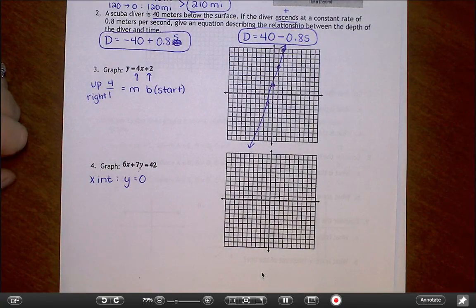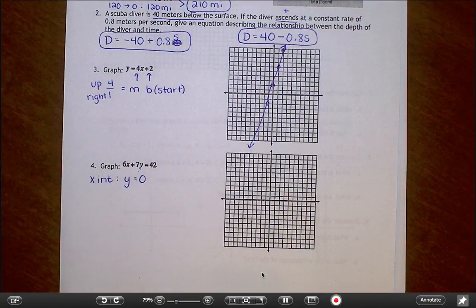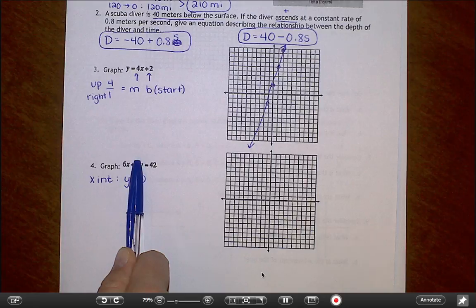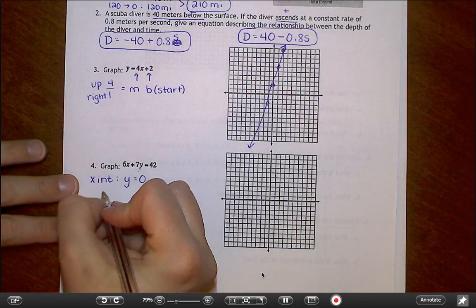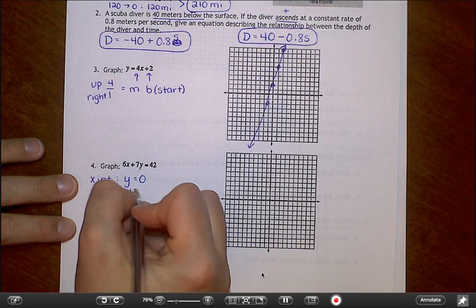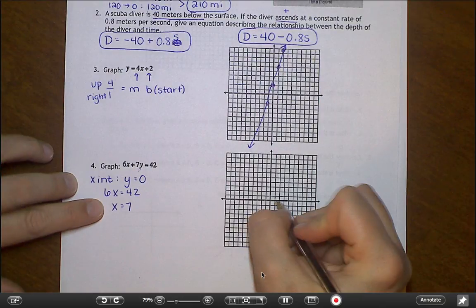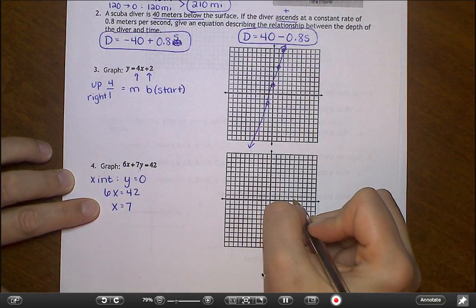So if I want the x-intercept, I can cover up the y value, and I have 6x equals 42. So then x would equal 7. And that means I know that this graph is going to cross at x equals 7.